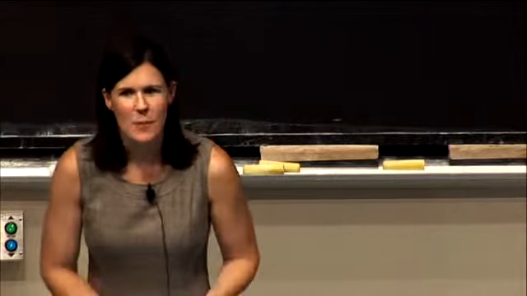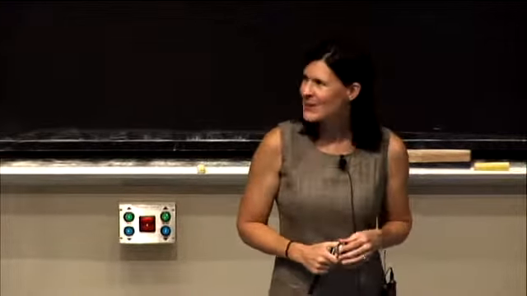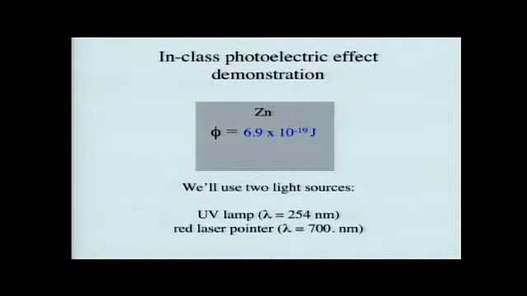All right, so let's test what we in fact know about the photoelectric effect. And before we do that, we're going to calculate what we would predict, so when we do the demo, it will be meaningful, and we can tell whether we're successful or not. So hopefully, we will be successful. And as I point this out, we now know how to do any kind of photoelectric effect problem.